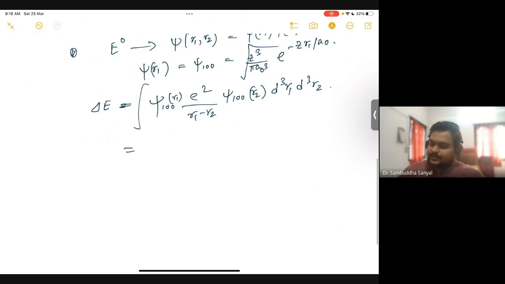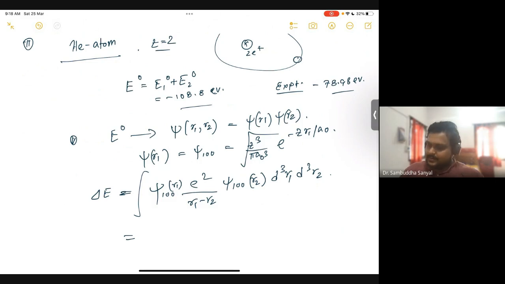I'm not going through the whole calculation. It's just an integral, not super simple, a bit tricky, and I have given how to solve it in my lecture notes. I'll just write down the answer. So what do I get?